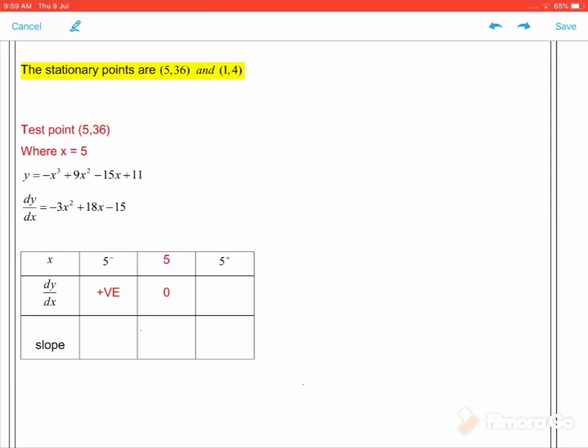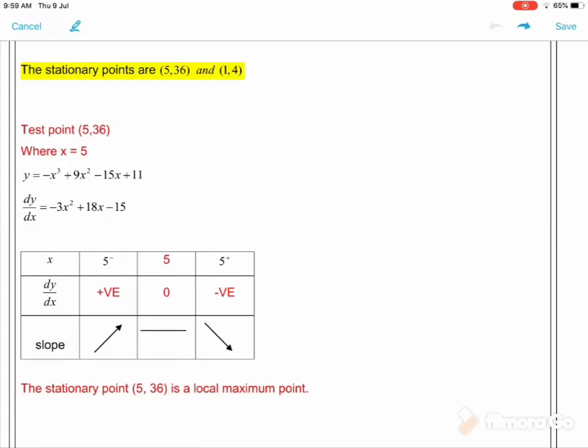When we substitute a number greater than 5, for example 6, the gradient is negative. Positive means the slope increases, 0 is horizontal, and negative is decreasing. So from this table, we conclude that the stationary point (5, 36) is a local maximum point.